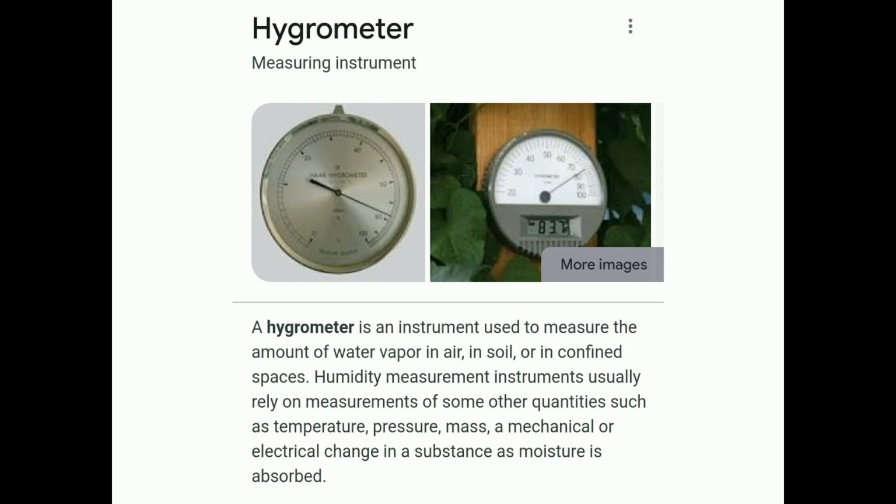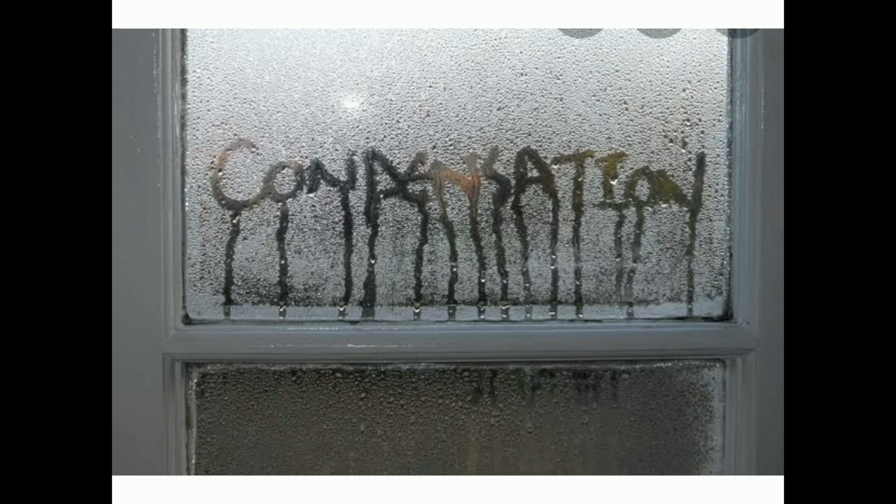Next, let us discuss condensation. What is condensation? Condensation is the opposite of evaporation. Evaporation is the changing of liquid to vapor state.